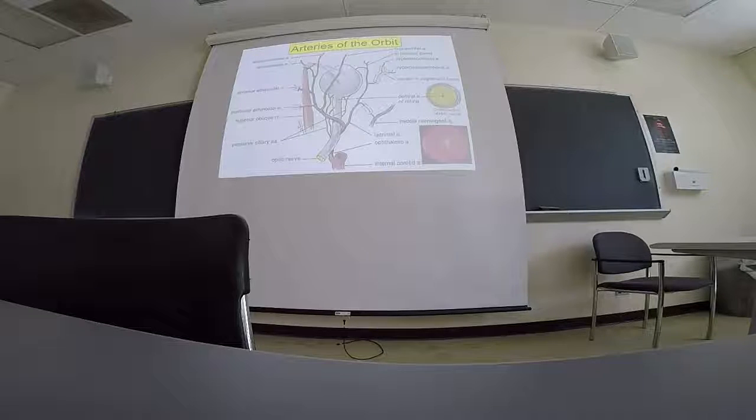The ones that you'll probably want to actually look for in dissection would be the lacrimal artery, which is pretty obvious to the lacrimal gland, laterally. And then, of course, you'll see these supraorbital and supratrochlear arteries going to their respective areas. And remember, these are going anteriorly towards the scalp.